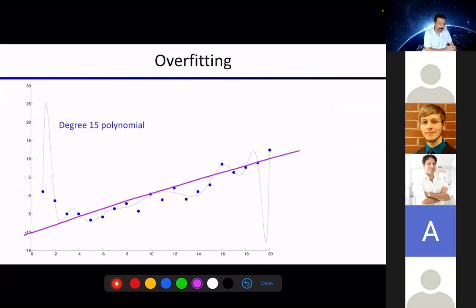This is a lot simpler than the polynomial, even though empirical risk minimization based only on your training data would prefer the polynomial.